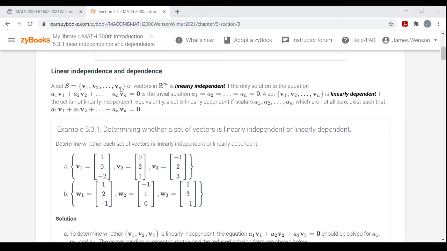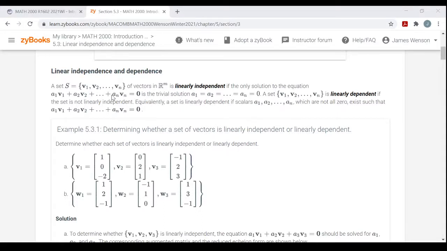A set of n vectors is linearly independent if the only solution to this equation, a1 v1 plus a2 v2 plus all the way up to an vn equals the zero vector, is the trivial solution, right? So where the values of a1 through an are all 0.